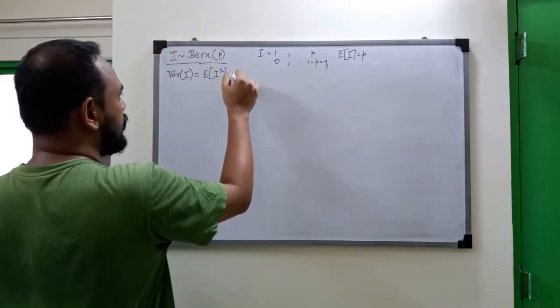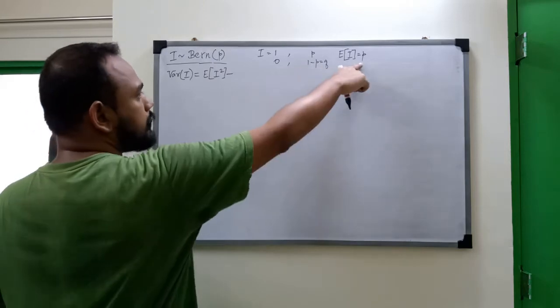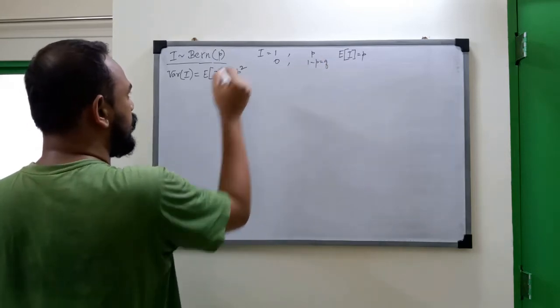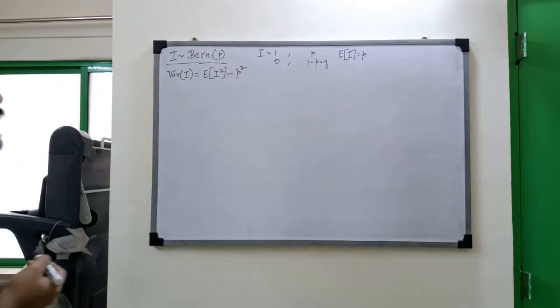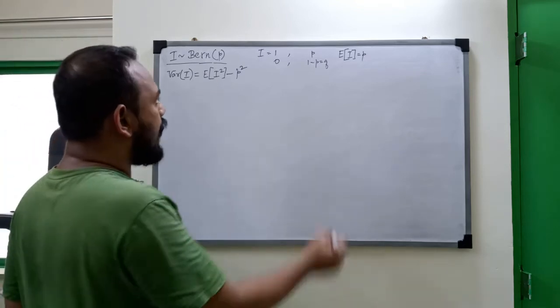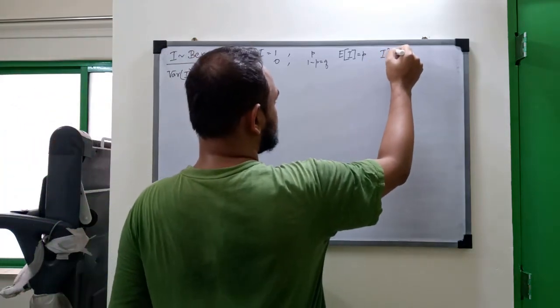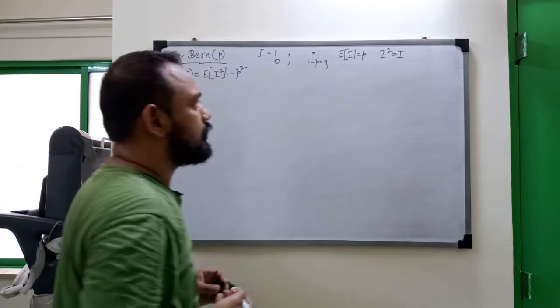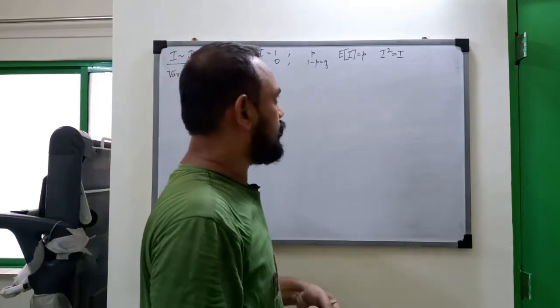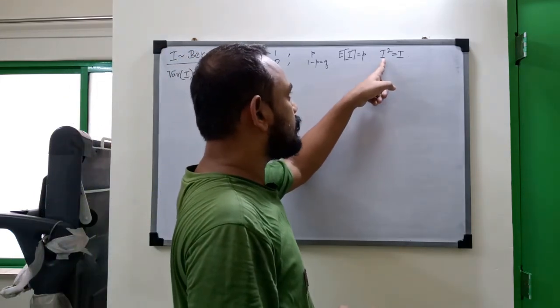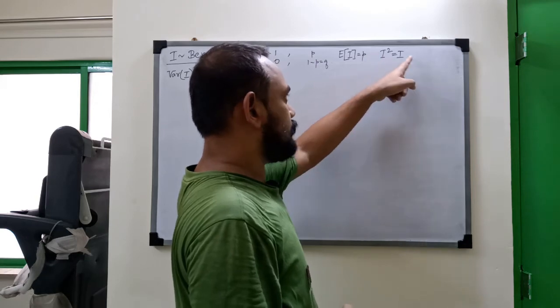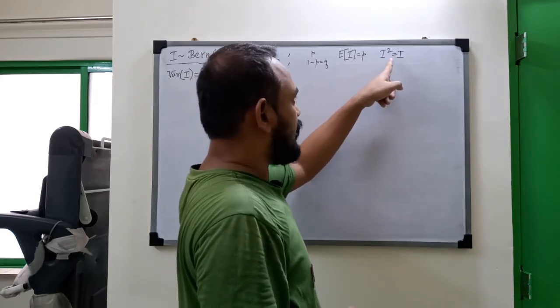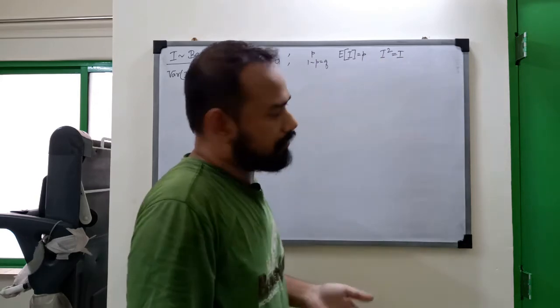So m in the previous formula becomes P here, so you get a P square. Now, I square is actually I, because I takes two values, 0 and 1. If it takes the value 1, 1 square is 1, and if it takes the value 0, 0 square is also 0.